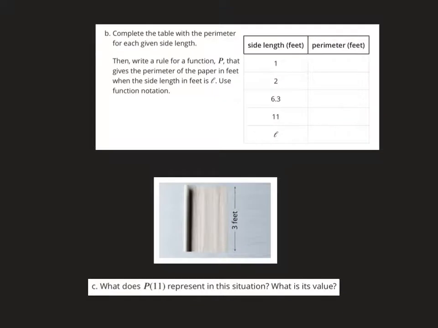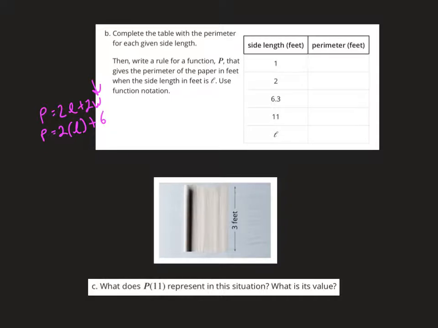Now it says, well, they want us to complete a table and then write a rule for the function. Well, we kind of had that rule, right? The perimeter definition is twice the length plus twice the width. Now we already know that the width is 3, right? So our perimeter is always going to be 2 times the length that we cut it plus 2 times 3, which is 6.